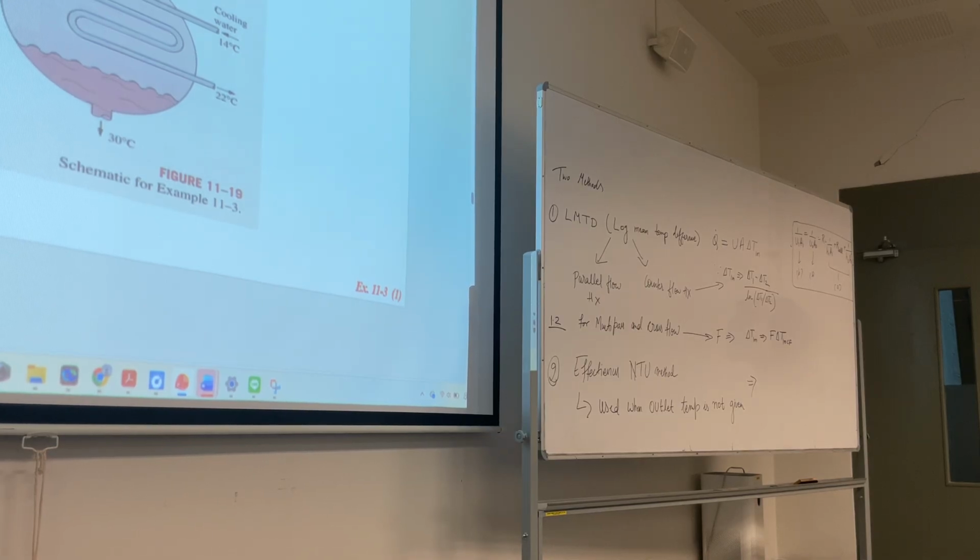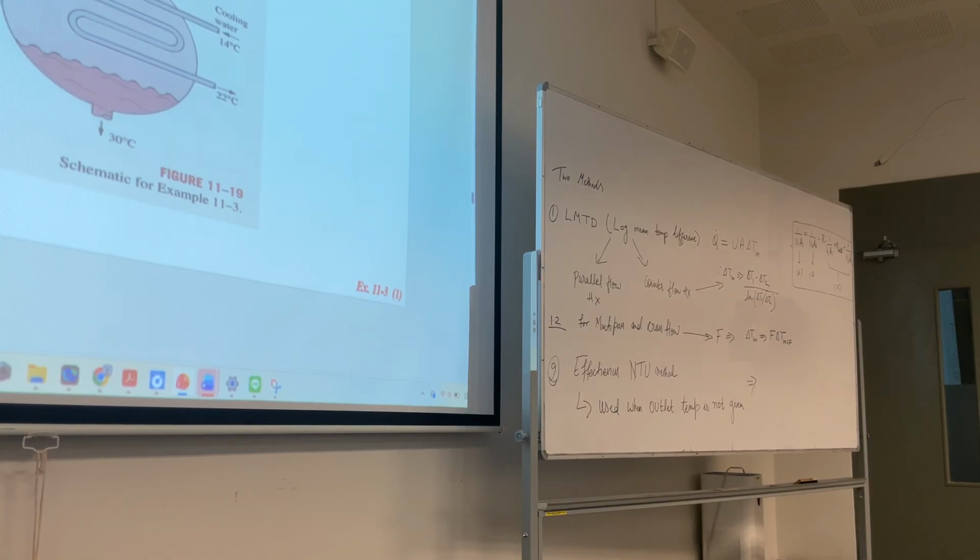Okay, let's take this example. Steam in the condenser of a power plant is to be condensed at a temperature. Whenever there is steam and you are heating or cooling it, there is a high probability that there is going to be a phase change. So steam in the condenser of a power plant is to be condensed at a temperature of 30 degrees Celsius with cooling water from a nearby lake, which enters the tube of the condenser at 14 degrees Celsius and leaves at 22 degrees Celsius.